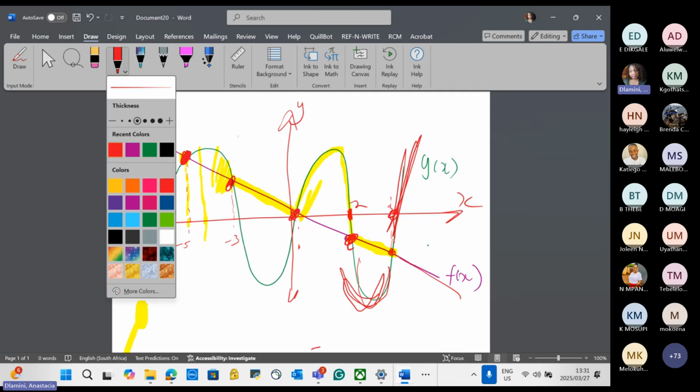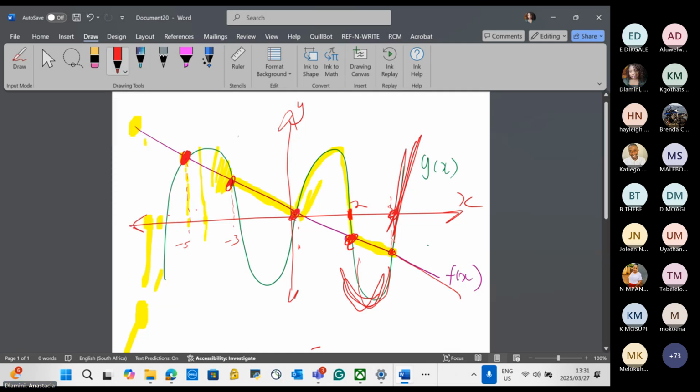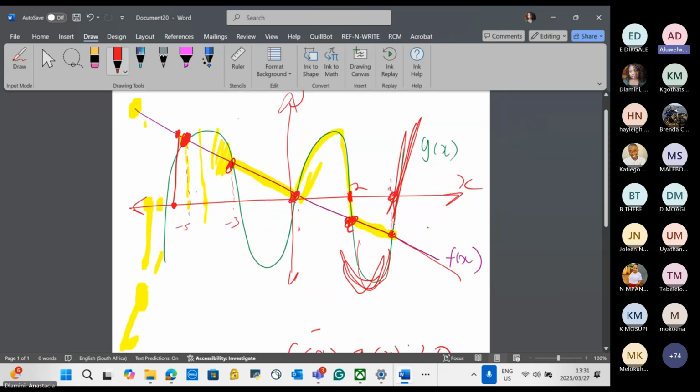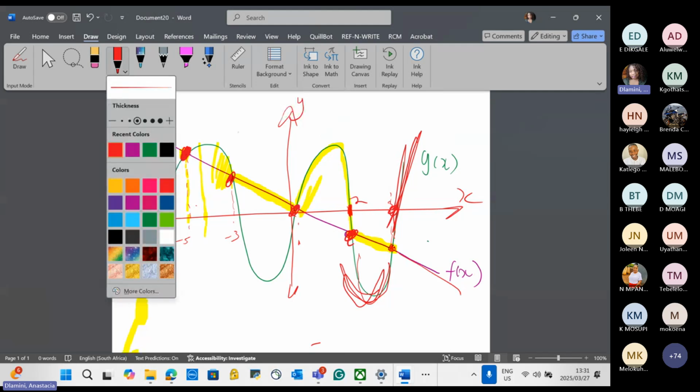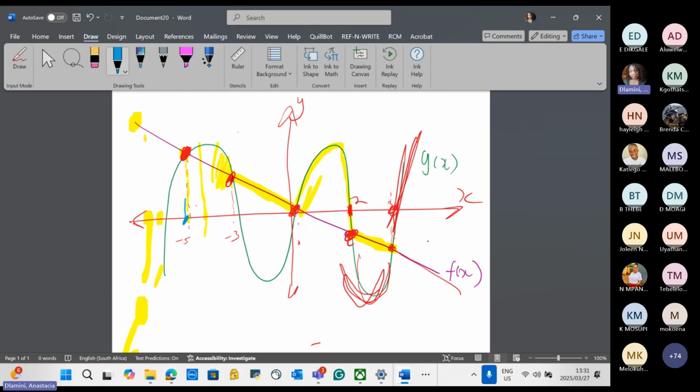Now, if I take this x value here, let me choose a blue color, is this x value included in what we are looking for? Why? Because there are two positives.